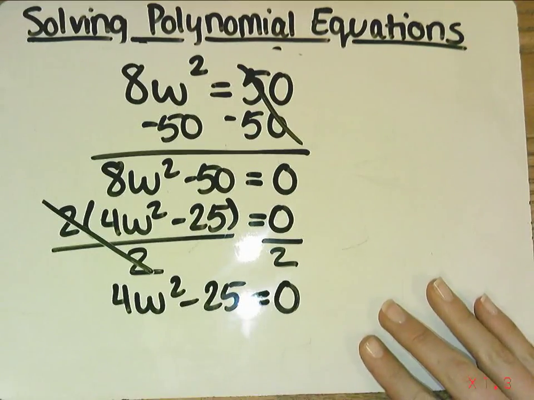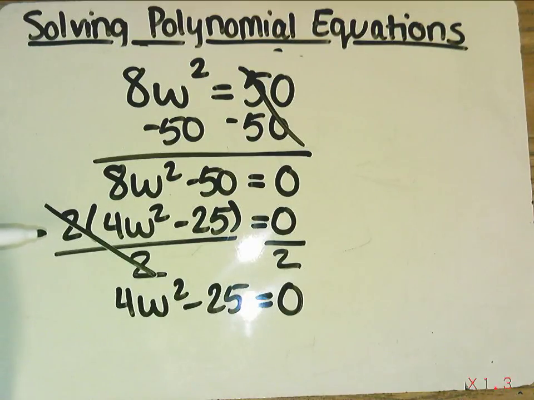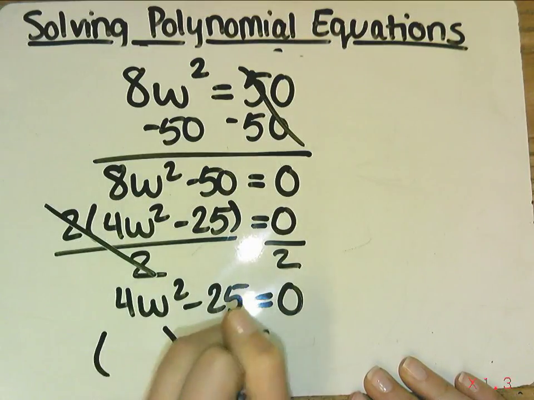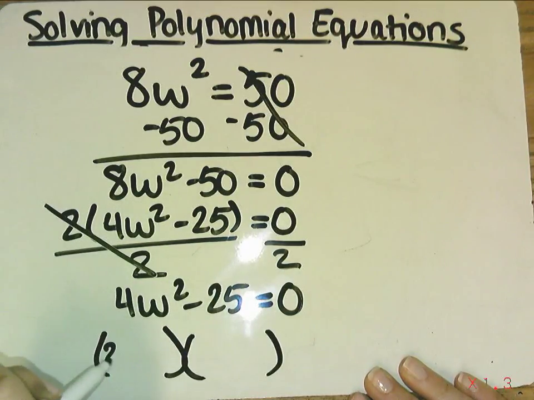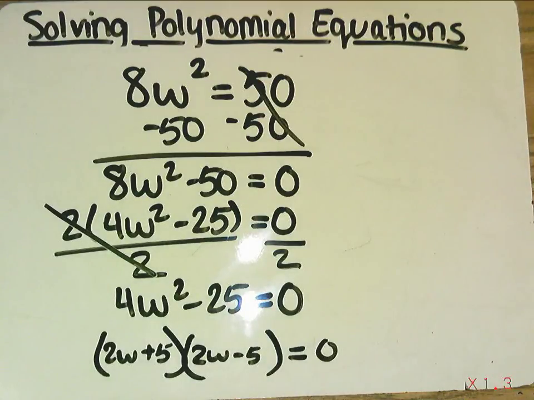The next thing I notice is I don't have any more common factors other than 1. That's good. That means I took out the greatest common factor. But I do have a square number here, a square number here, and I'm taking their difference. So I have a difference of squares. So I can immediately go 2w plus 5, 2w minus 5, and that equals 0.